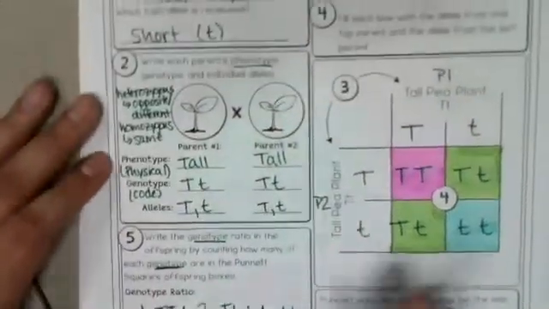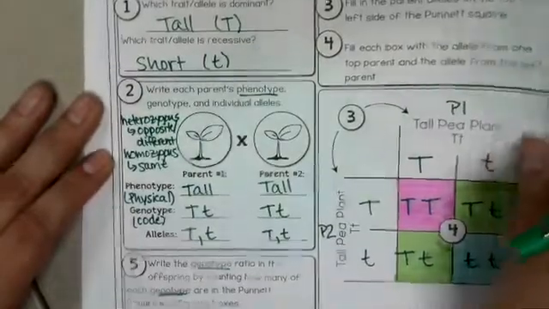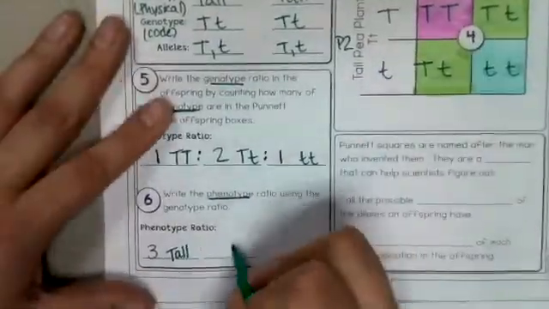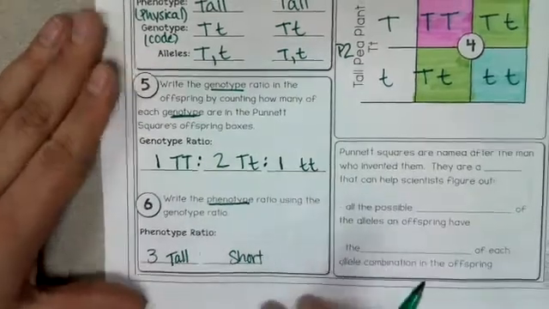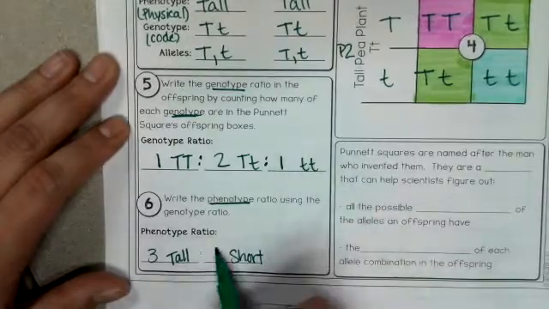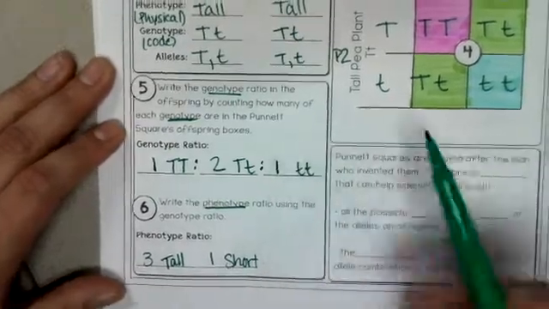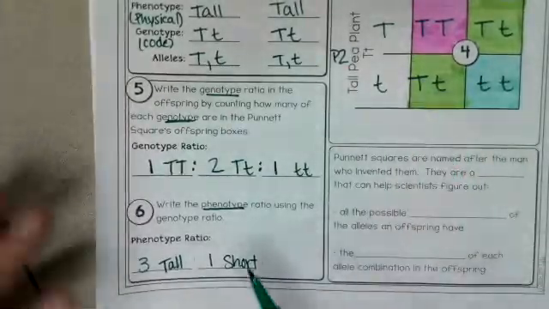And that trait, if we look at the recessive trait, we are going to see a short plant. So I'm going to go ahead and add that to that spot right there. Now, there's only one baby that could potentially come from these parents in the potential for 4 babies.